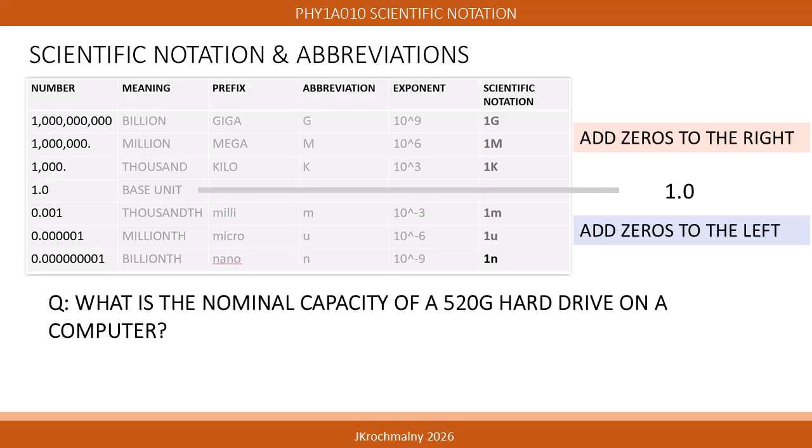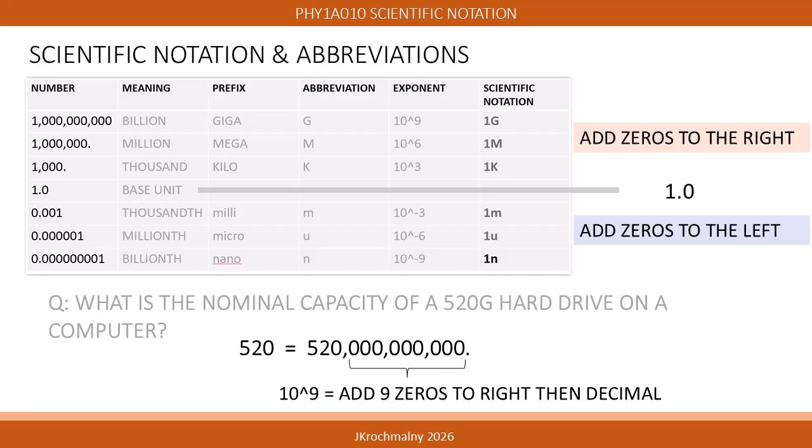Now may be a good time to apply what is being presented here. What would a nominal capacity of a 520 G hard drive on a computer be? Feel free to actually stop this presentation, work out the problem, and arrive at the answer. Notice that 520 G is written in scientific notation as 520 10 to the power of 9, or involving 9 additional zeros to the right.